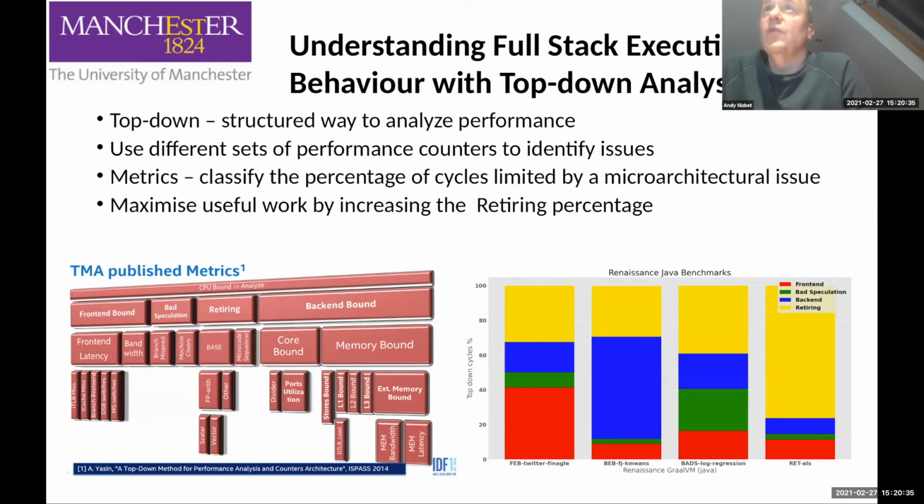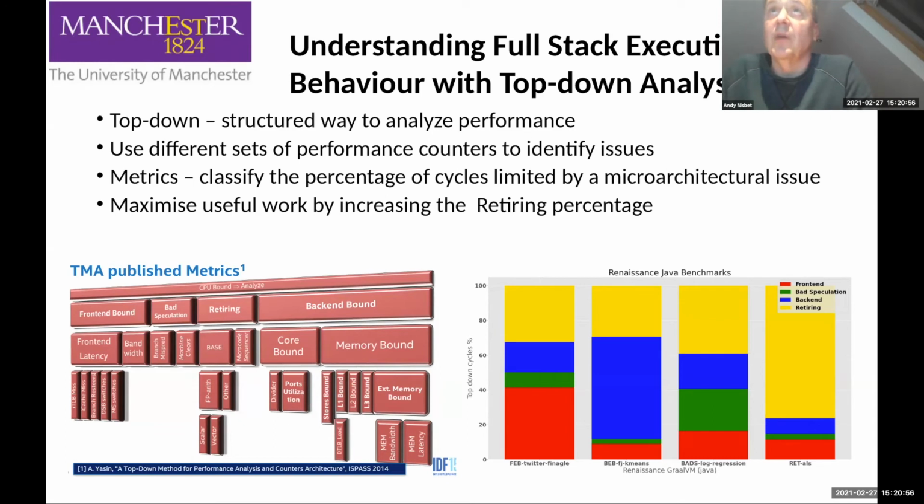Different sets of performance counters are used to relate the fraction of processor cycles that are limited by a specific issue. At the top level, front-end bound represents issue slots to the processor that are underutilized. Bad speculation represents the fraction of slots that are wasted due to incorrectly speculated branches.